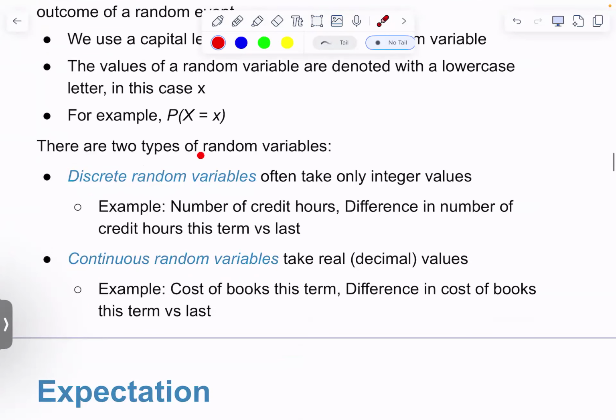There are two types of random variables. We're going to focus on discrete random variables today. Discrete random variables often take only integer values. Integers are whole numbers, right? So I'll just make a note here: whole numbers.